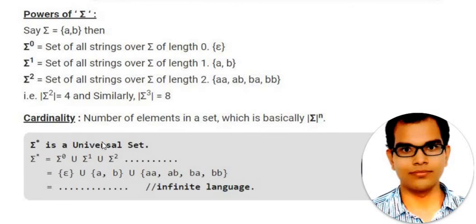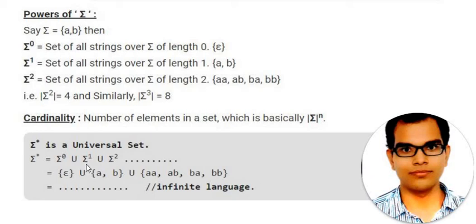If we talk about the universal set, sigma to the power asterisk is the universal set. In that, all strings will come, whether of length 0, length 1, length 2, length 3, and so on. A string of length 0 is only the empty string.